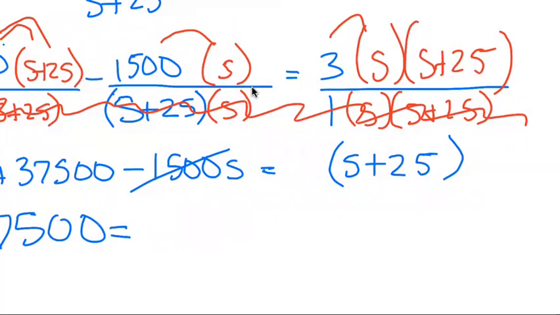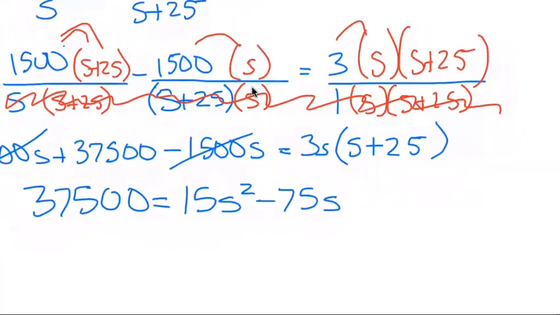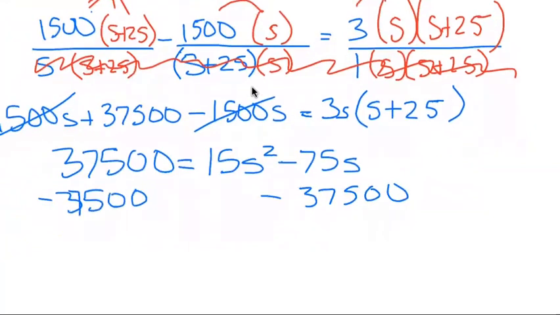This should say 3S. So this is going to be 15S squared minus 75S. My S's look like my 5s. Subtract 37.5 from this side, and factor.